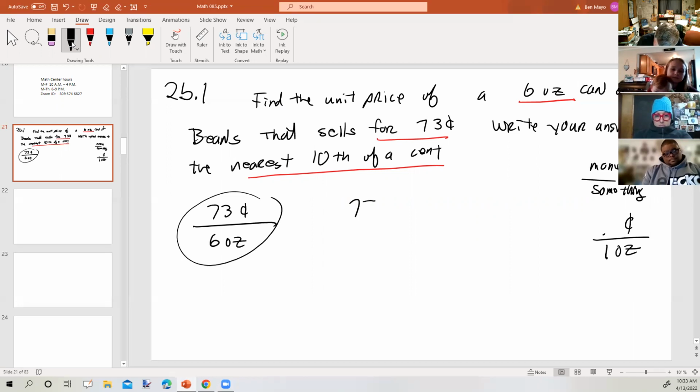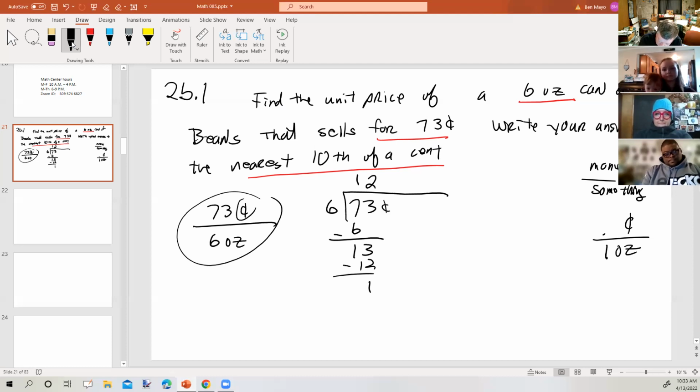So I'm going to take 73 divided by 6. 6 goes into 7 once. The remainder of 1, bring down the next digit. 6 goes into 13 twice. 13 minus 12 is 1. But I want my answer to the nearest tenth of a cent, and these units are in cents.